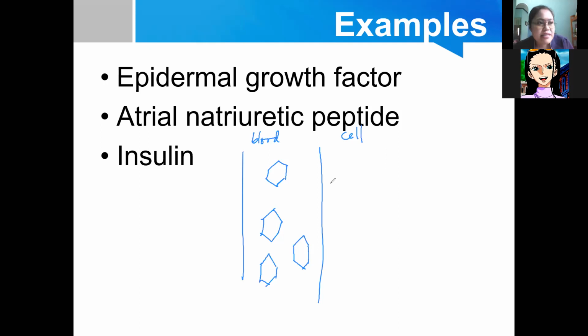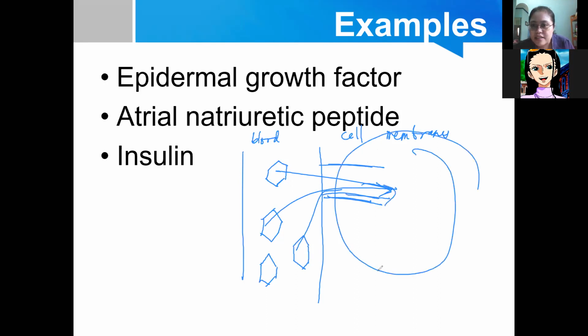Now, once si tyrosine kinase ma-activate, it will lead to the opening of the cell membranes. And then pag ma-open na si cell membrane sa portal niya, na siya portal din na dako, that's the time makasulod si sugar nato diri sa atuang cell. Okay?